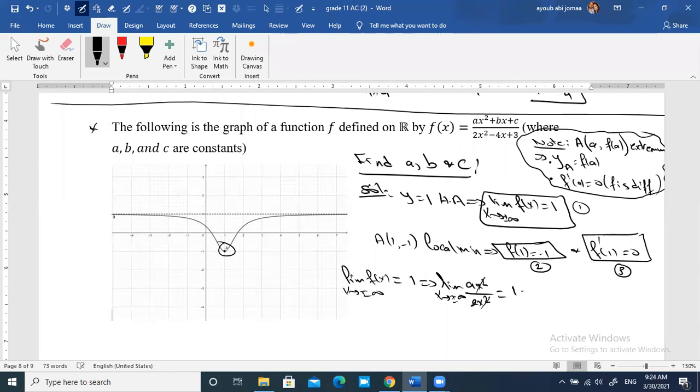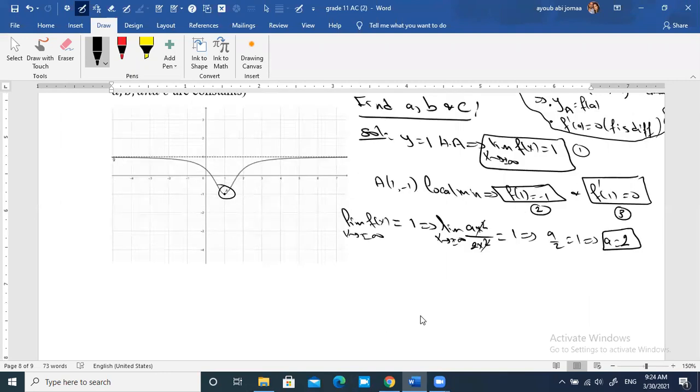Then simplify here, a over 2 is equal to 1, and then a is equal to 2. That's the limit done.